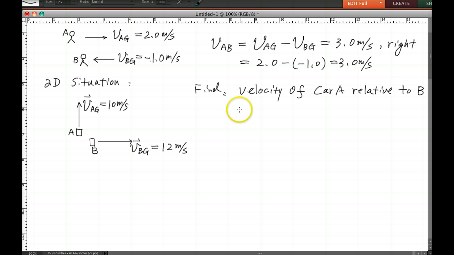We just write VAB, the vector velocity that we need to find.